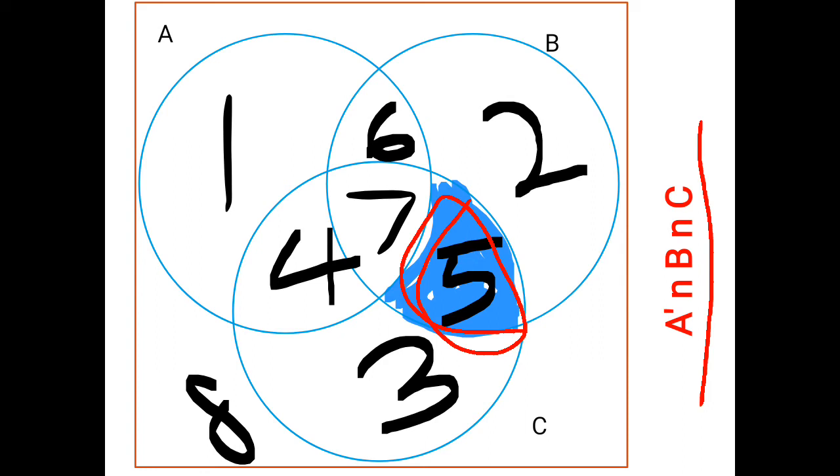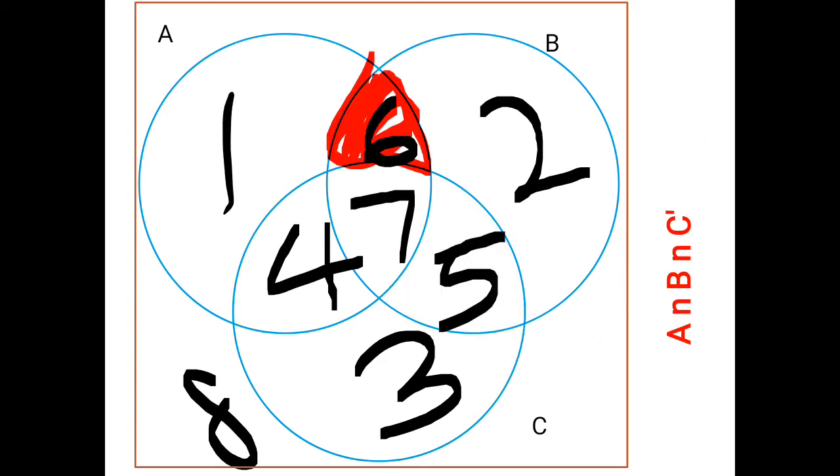All right, so similarly, the part shaded with red, that is region 6, will be A intersection B only. The "only" is very important.